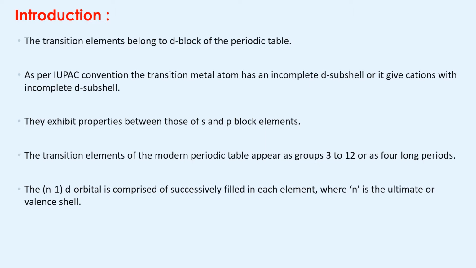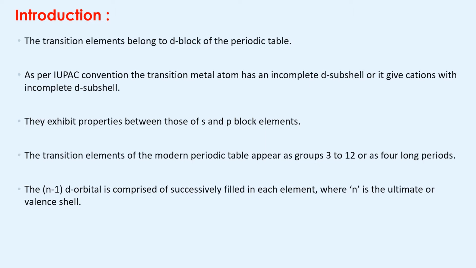Now what is the general electronic configuration for transition elements? See, n-1 d, and the d orbital has a capacity to accommodate electrons from 1 up to 10. That is why the general electronic configuration for any transition series is written as (n-1)d 1 to 10, ns 1 to 2.